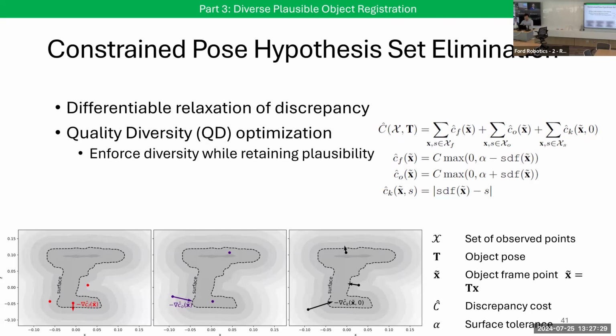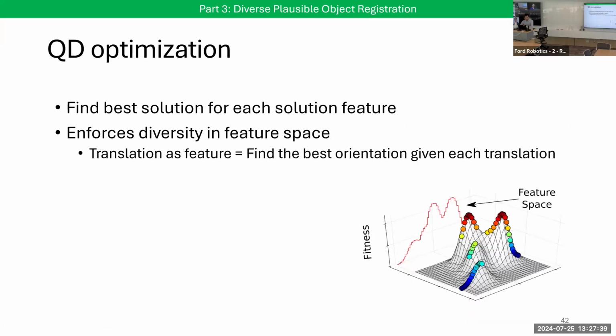Additionally, we use this cost inside of quality diversity optimization to enforce diversity while retaining plausibility. Quality diversity optimization is a problem different from usual optimization, where we want to find one best solution, but it tries to find the best solution for each given solution feature.